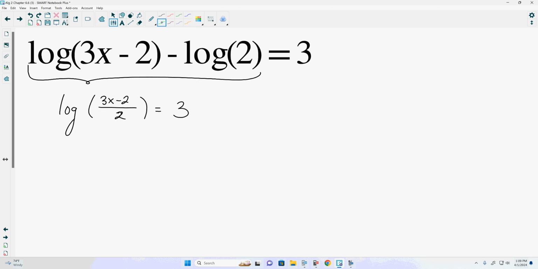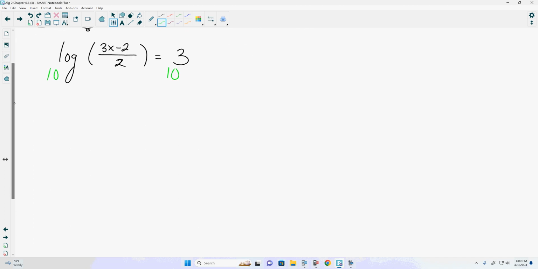Now at this point, we could put both sides to the base of what? 10. 10 to the log cancels out, leaving us with 3x minus 2 over 2. Now the next question is, is 10 to the third a nice number? Yes.